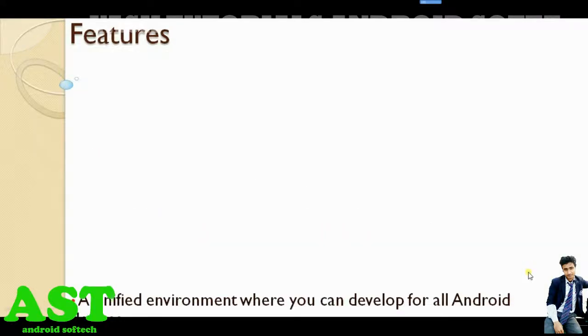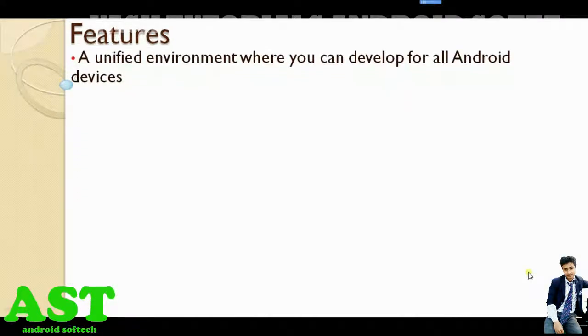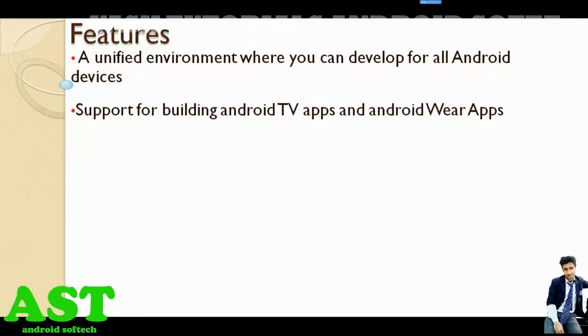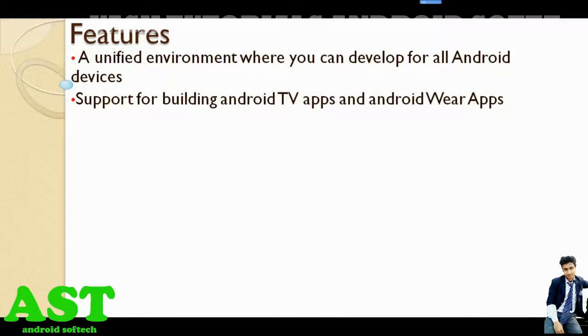The features of Android Studio: a unified environment where you can develop for all Android devices, with support for building Android TVs and Android VR. Android OS is supported on many devices, like watches and TVs.